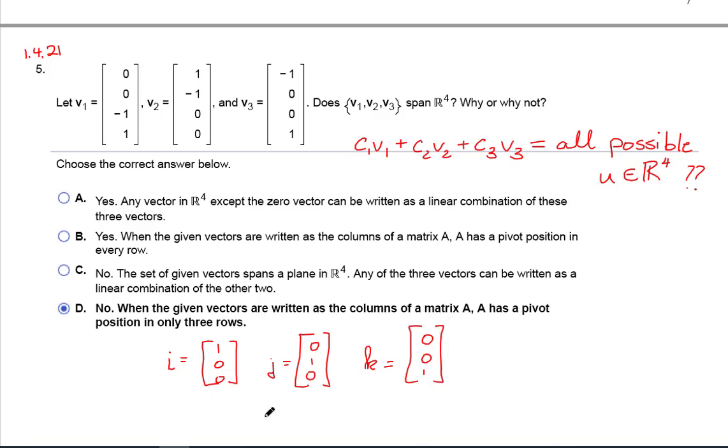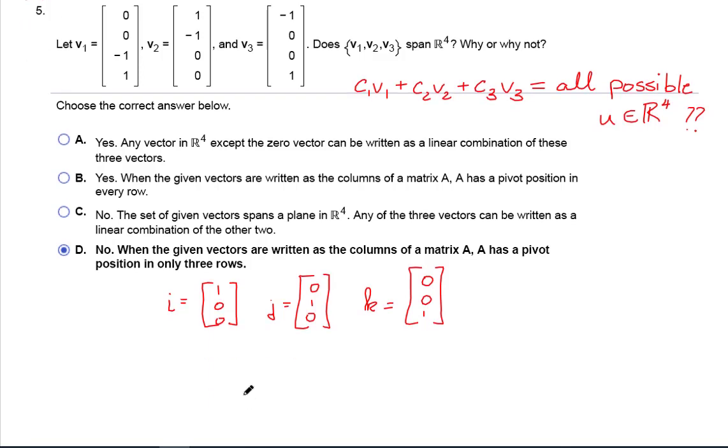And if you remember, we can use those to write any vector in R3. So a little bit added from the homework question. This would give me all U's in R3.